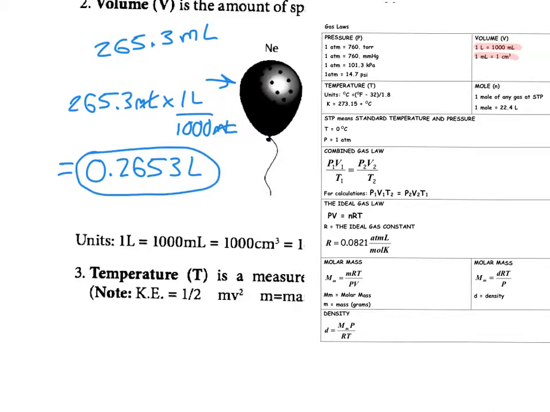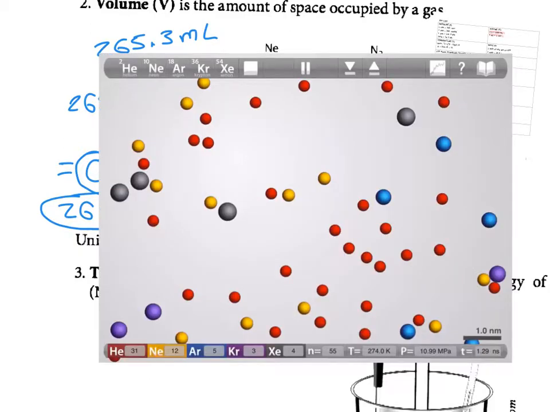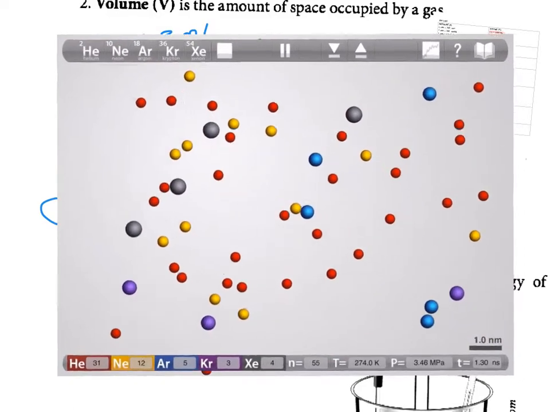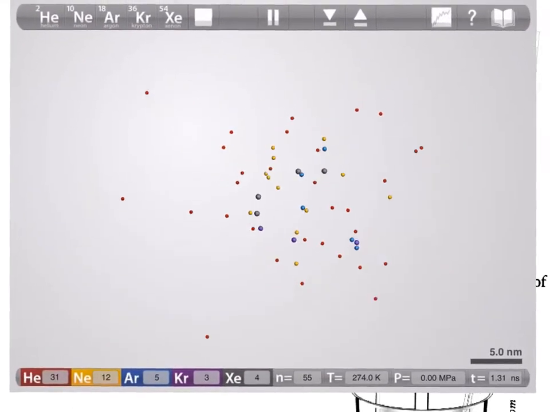And of course, if it's 265.3 milliliters, it's 265.3 centimeters cubed, because a milliliter and the centimeter cubed are the same unit. And in terms of gases, what we're seeing is really just the container that we're putting the gas into.